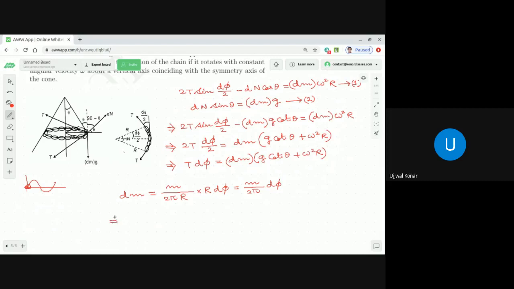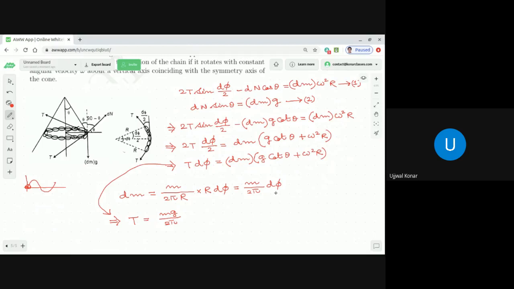So from here, the value of T is equal to mg by 2 pi. So m into g divided by 2 pi. The value of dm we are getting now, so we are applying it here. Then d phi got cancelled.